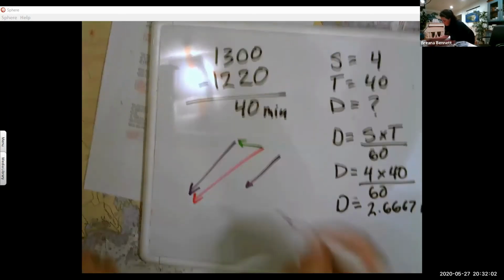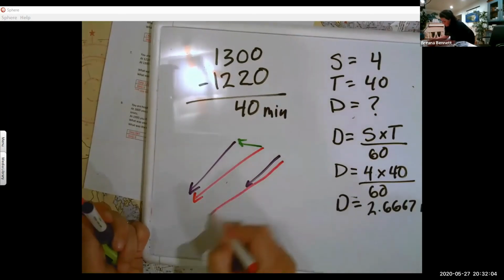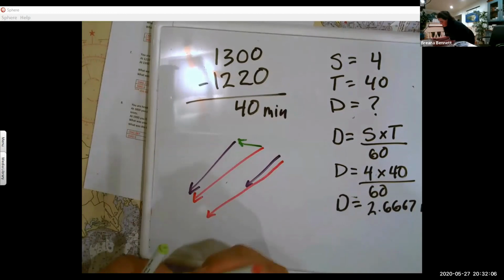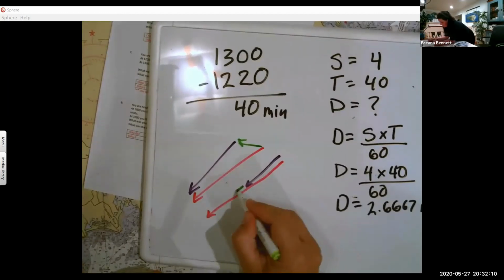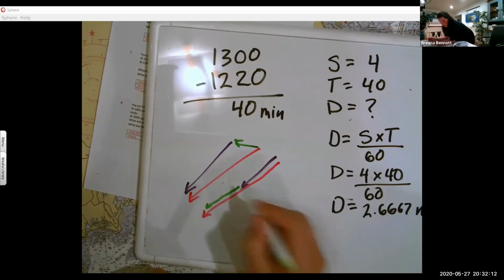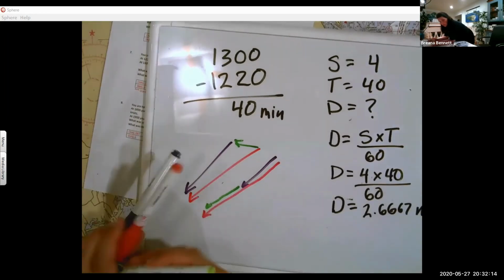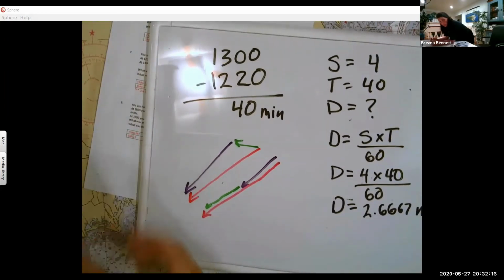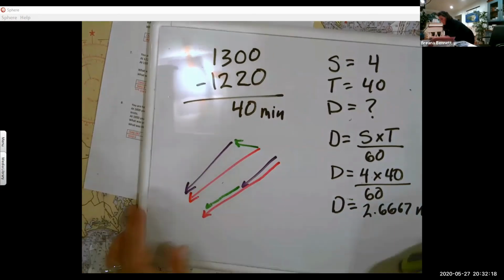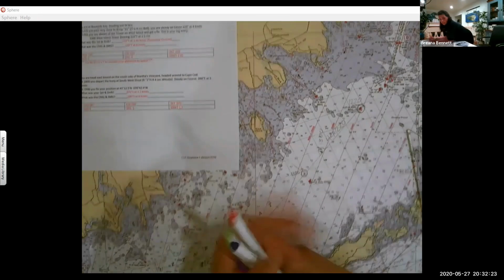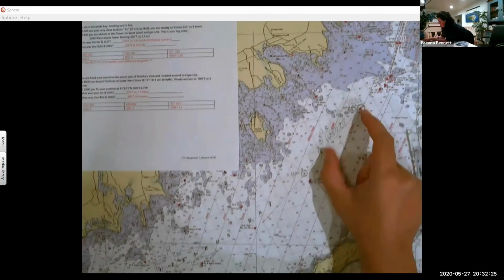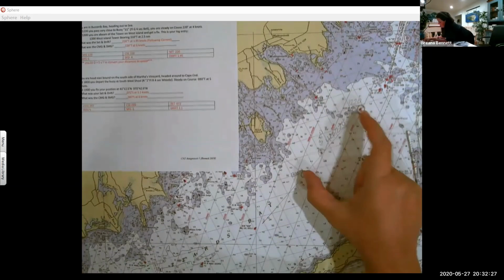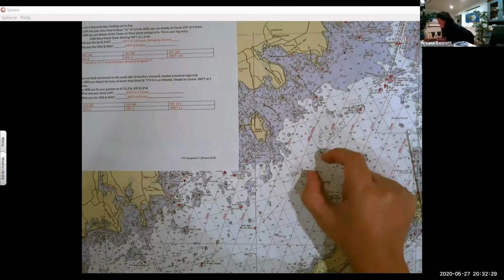I have my boat that I made good is actually a lot longer. So my current would have to connect the two. So we get this line. Do we see it? We have what our boat is doing, what our made good is, and what our current is.